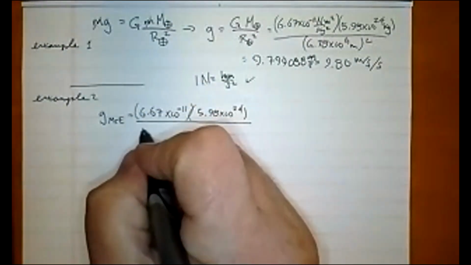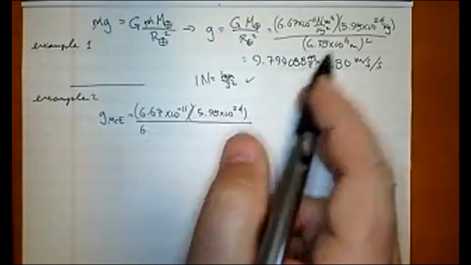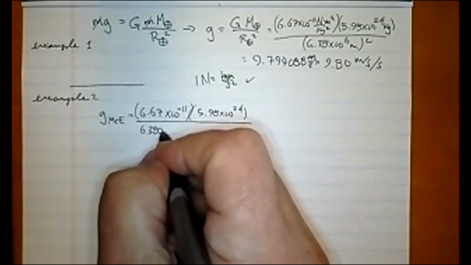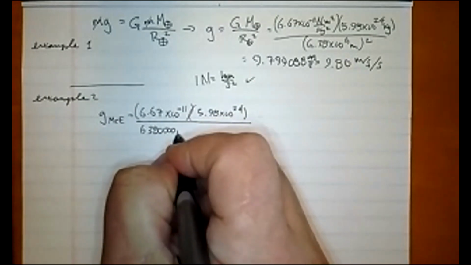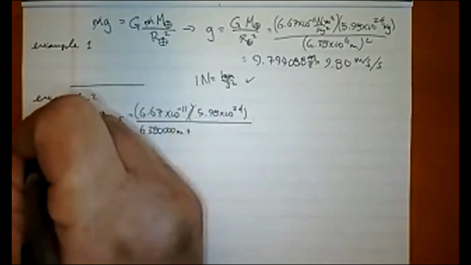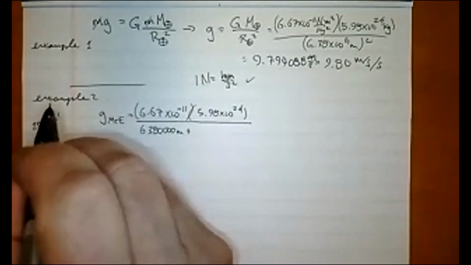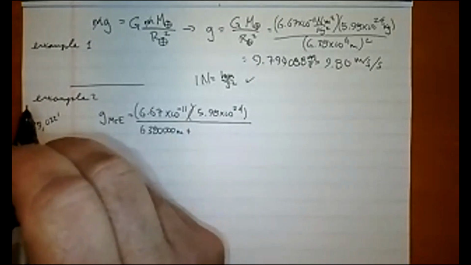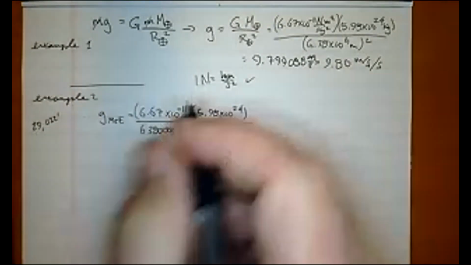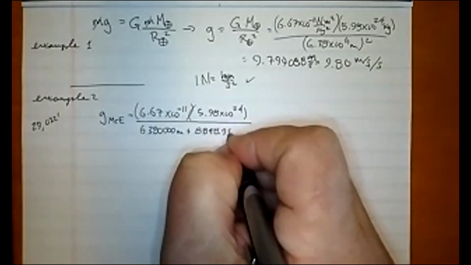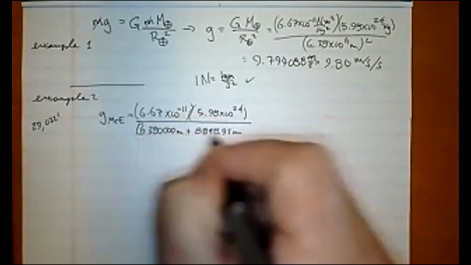So that's, notice 6.38 times 10 to the 6, that's really 6,380,000 meters. And the 29,032 feet, that's going to become, in fact, 8,848.95. And that part's going to be squared.